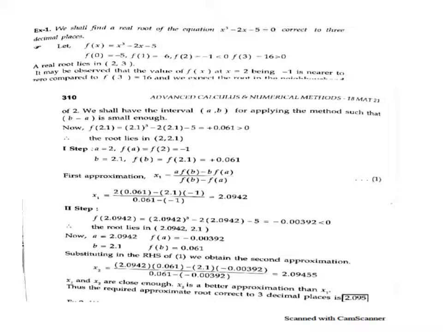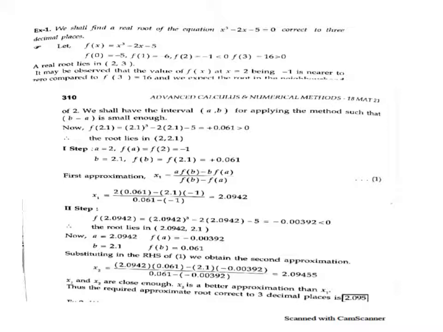Now compare the values of the first iteration and the second iteration. In the first iteration we have got the value x1 as 2.0942 and in the second iteration x2 is 2.09455. So according to the observation the values are correct up to 3 decimal places. After the decimal we have the same values up to 3 places, that is 2.094.